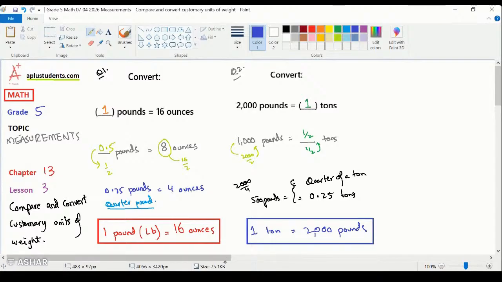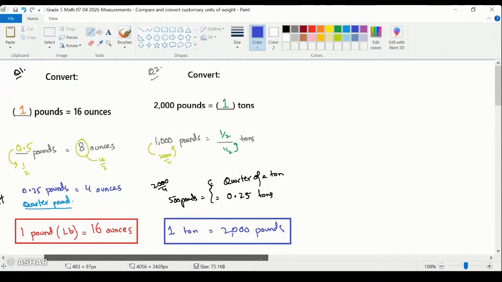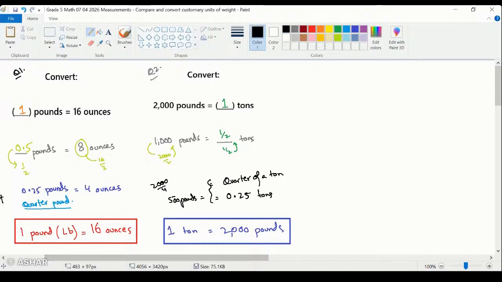Okay, perfect. So now which is the greatest? We know that the heavier value over here is tons, right? Then we have the pounds, and then we have the ounces.